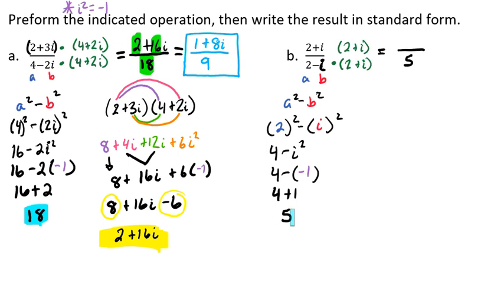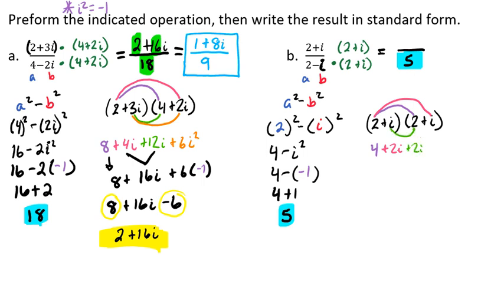So 5. Now we're going to take our top, our numerator, and we're going to FOIL that or distribute it. Some people don't like it when you call it foiling. 2 times 2 is 4. 2 times i is 2i. i times 2 is 2i.